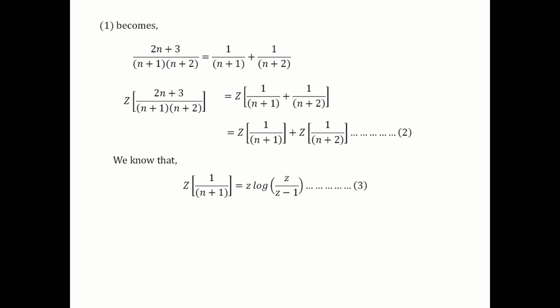We take the Z transformation formula: Z of f(n) is equal to the summation from n equal to 0 to infinity of f(n) z^(-n). Here instead of f(n) you have 1/(n + 2). So we get the summation from n equal to 0 to infinity of 1/(n + 2) z^(-n), which is equal to 1/(n + 2) into 1/z^n, because z^(-n) can be written as 1/z^n. And 1/z^n can be written as (1/z) to the power n. So take (1/z)^n to the numerator: the summation from n equal to 0 to infinity of (1/z)^n / (n + 2).